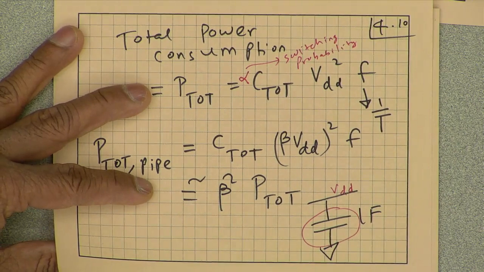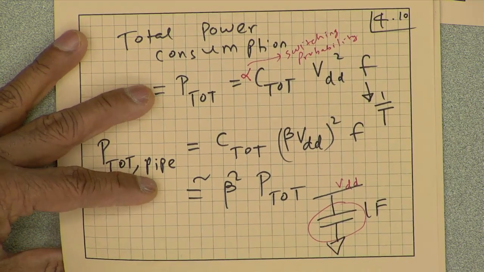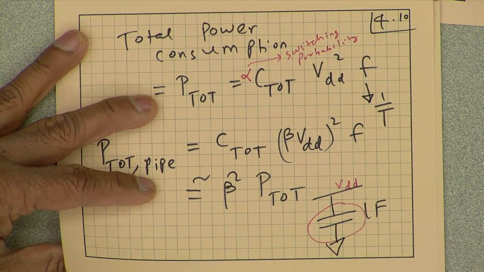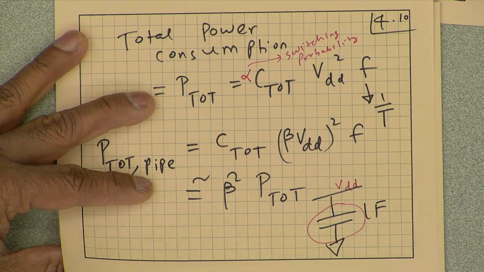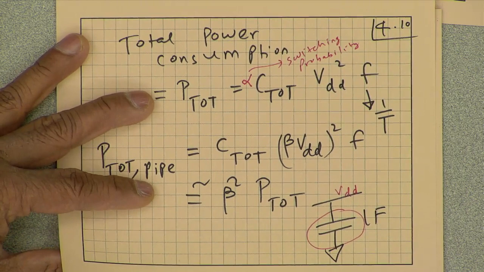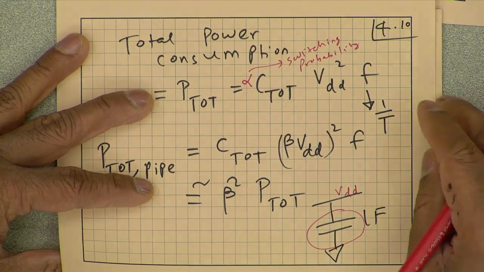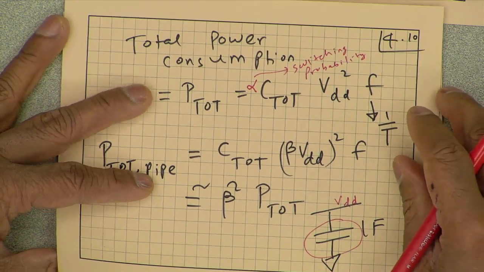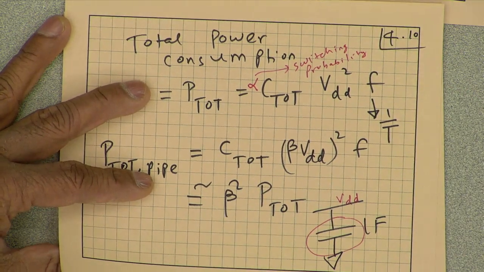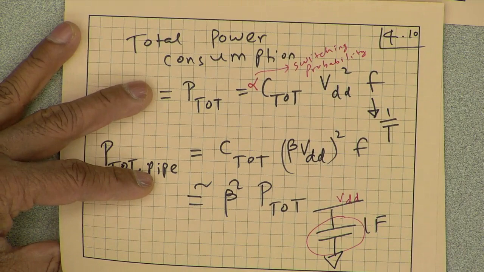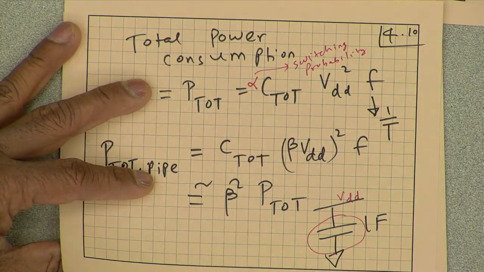Okay, it's a huge capacitance, but it's not consuming any power. Why? Because the power, especially the dynamic power, is consumed when the capacitance is charged or discharged. So that means if the capacitance is sitting always charged or discharged and nothing happens to it, it's not consuming any power. So that's good to know.